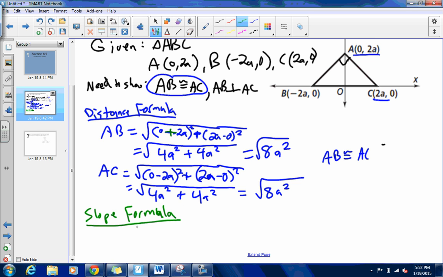All right, slope formula, slope of AB: y2 minus y1. It doesn't really matter which one is the first point and the second point. So we'll do 2a minus 0 over x2, which is 0, minus negative 2a.